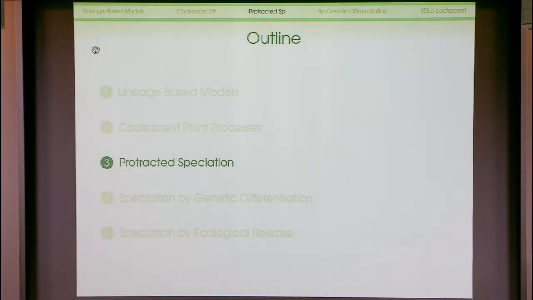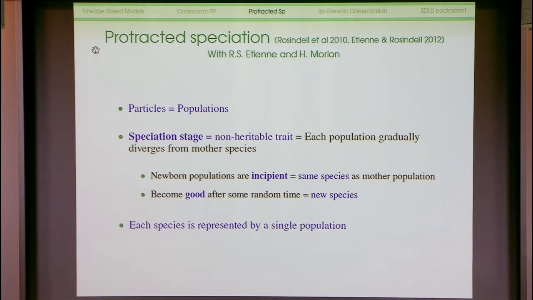And another step that we wanted to take is to devise a model of a phylogeny which is a little more biologically sound. This is what we did with Rampal Etienne from the University of Groningen and Hélène Morlon from ENS in Paris. The idea of protracted speciation is a model that was invented by James Rosindell and Rampal Etienne a couple of years ago.